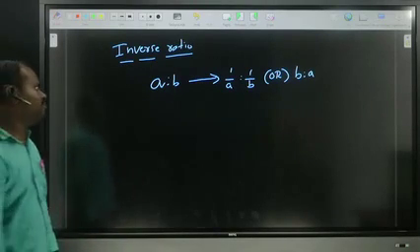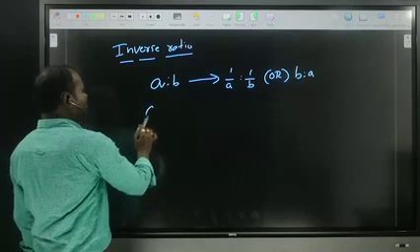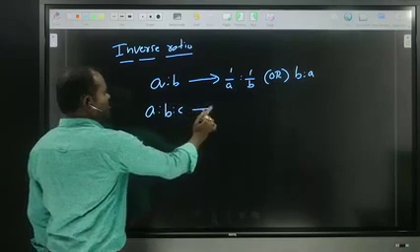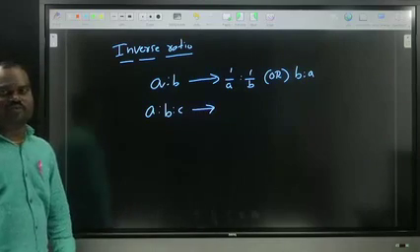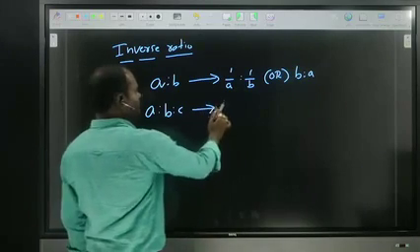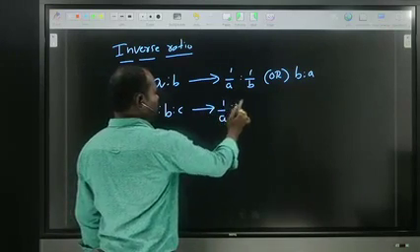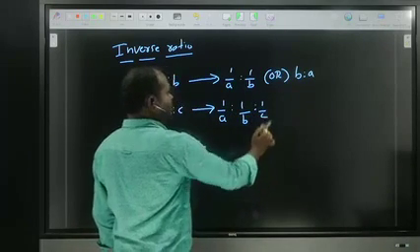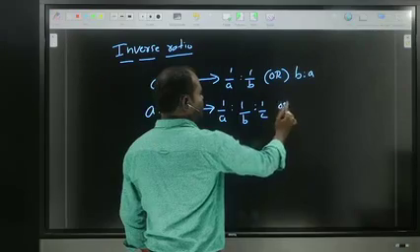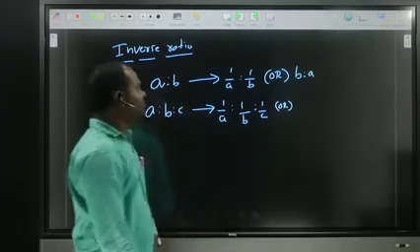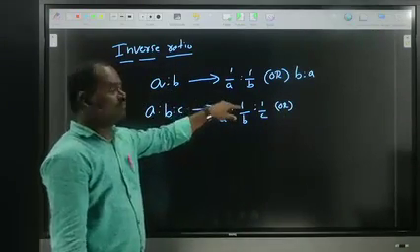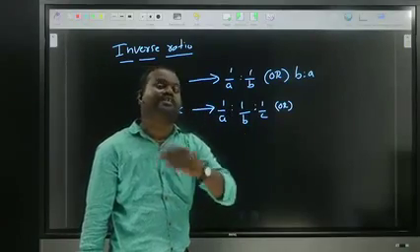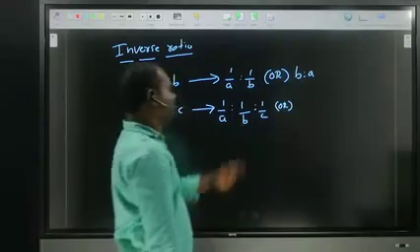Okay? For example, in case three terms are there, A is to B is to C. When three terms are there, the inverse ratio of this is 1 by A is to 1 by B is to 1 by C. Otherwise, whenever A is there, we should not write A, we should write the remaining, that means BC.